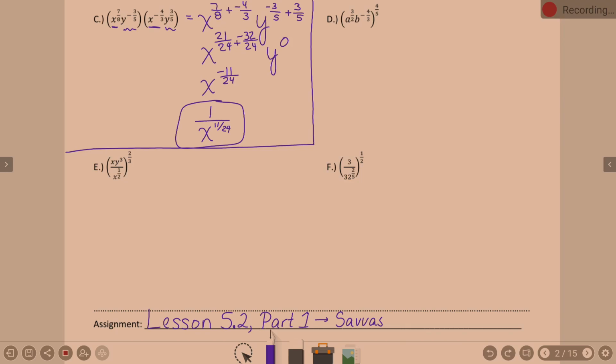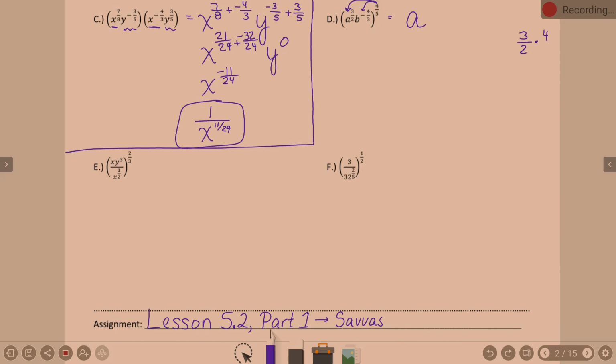Multiply the 4/5 into the other things. This power has to go to the A to the 3/2 and the B to the negative 4/3. So it's going to be A, power raised to a power. Remember, you're multiplying. What are we doing?